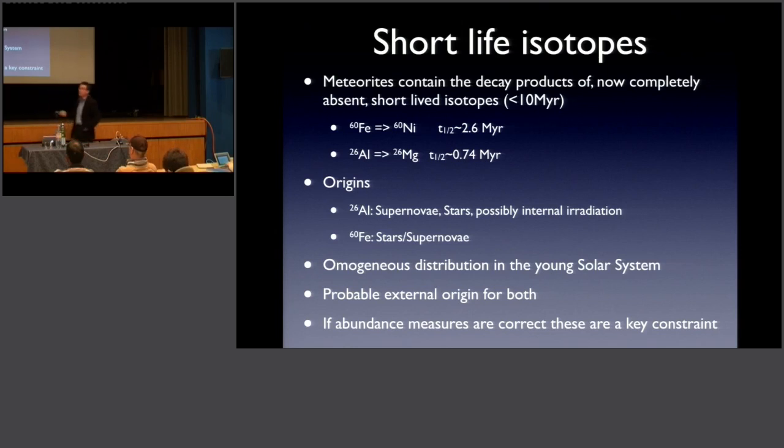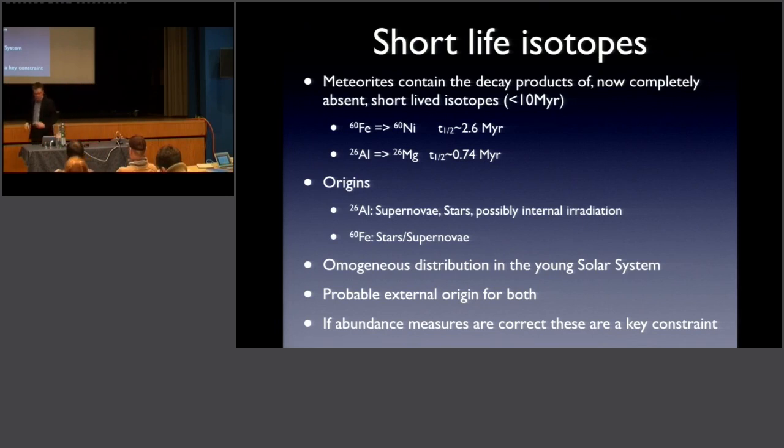Even more so iron-60, because iron-60 is very difficult to produce, and essentially you produce it copiously only in supernovae, okay? Since both of them can be produced in supernovae, one idea that was in the literature for quite some time is that while you were forming the sun, a supernova exploded in our backyard, and all this material arrived in the disk.